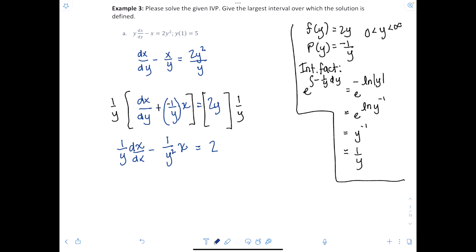So, and sorry, I put a dx, not a dy. And so d dy this time of 1 over y times x equal to 2.